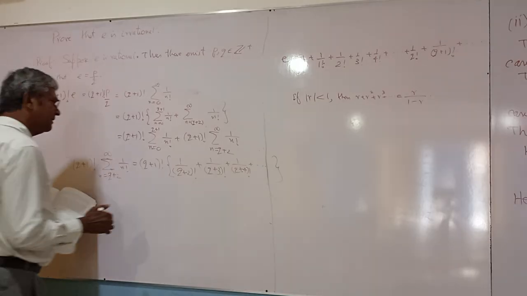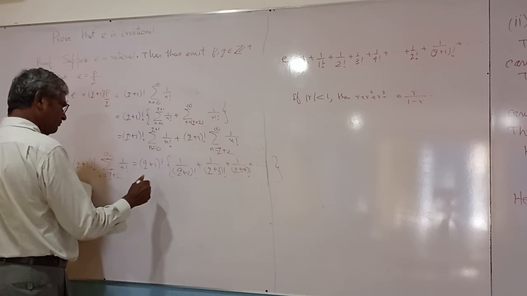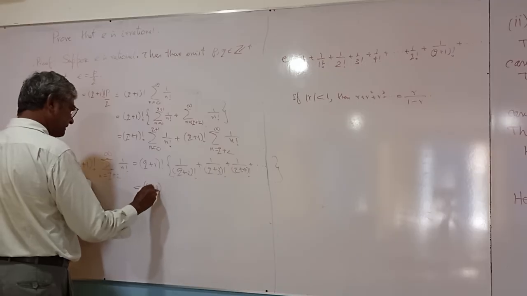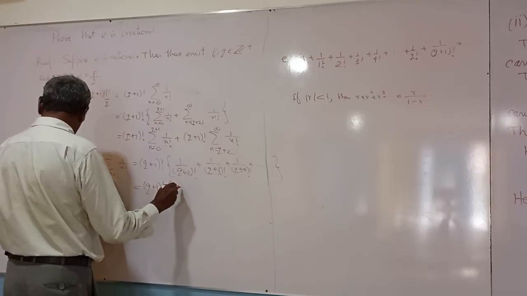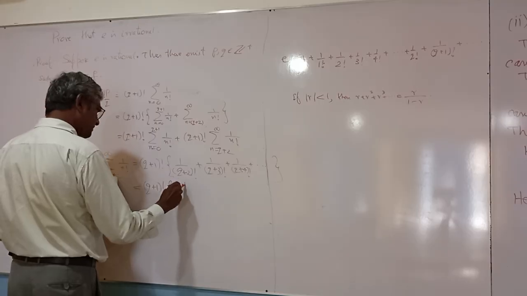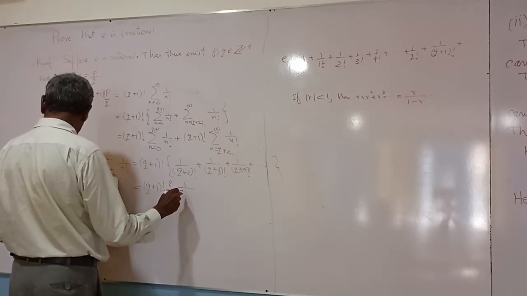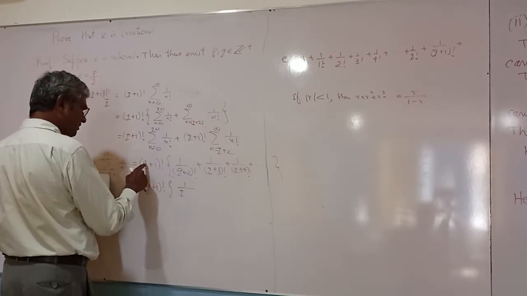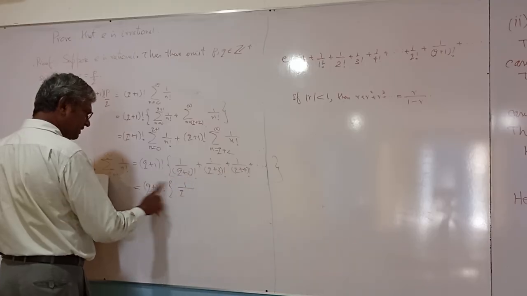Now this is like Q plus 1 factorial times q plus 2 factorial, so you get 1 over q plus 2.